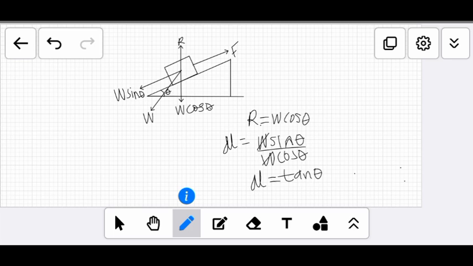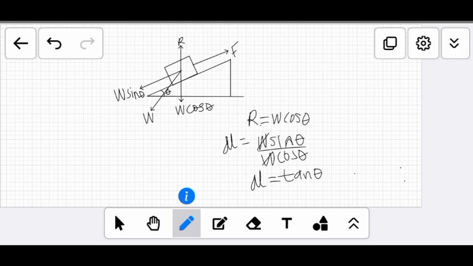What I need to do is calculate the extra force that I need to add to that body to make it stationary. How do I add an extra force in the direction of the frictional force to keep the body stationary?